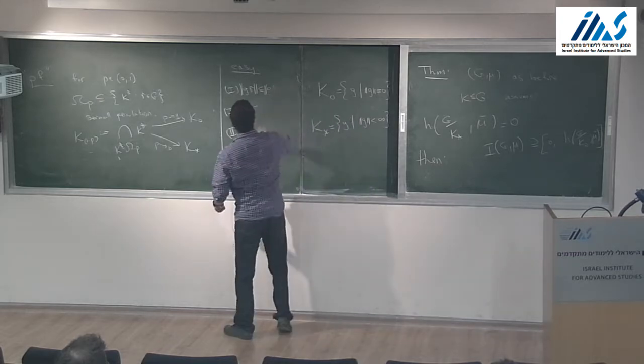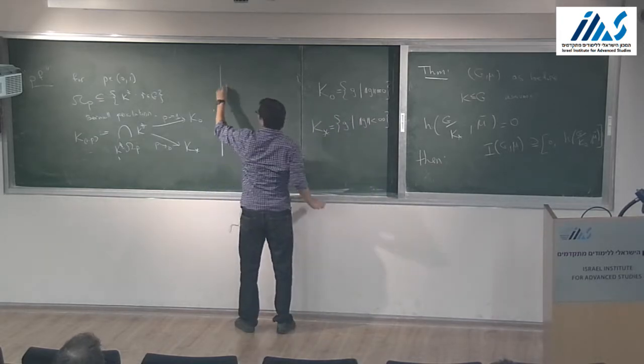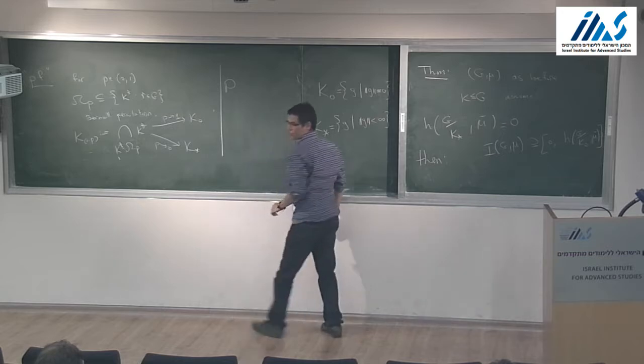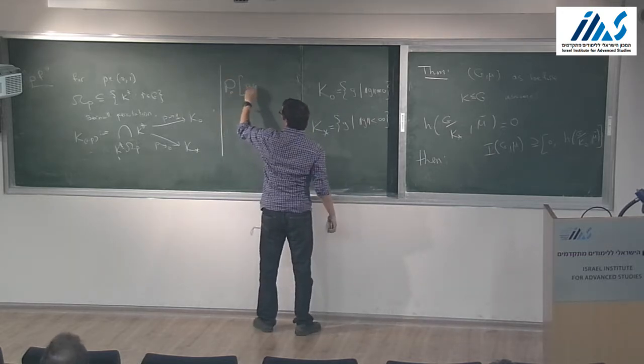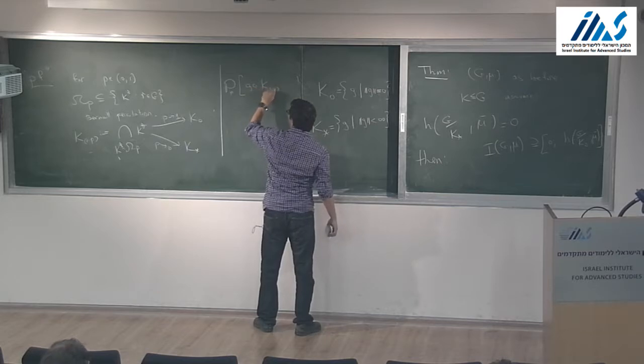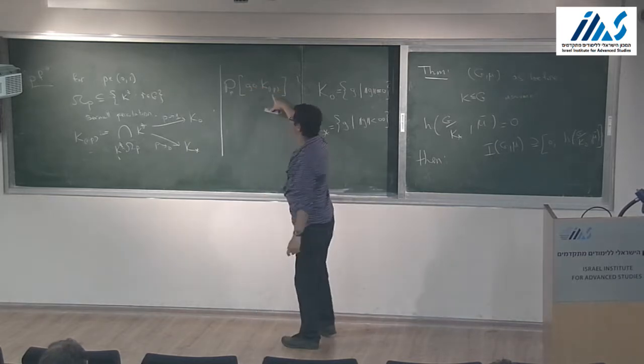The line is just the probability, under this choice of omega P, that G is in K1 minus P. So what does this mean?